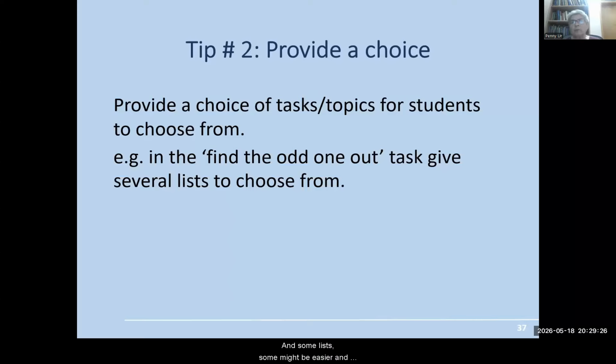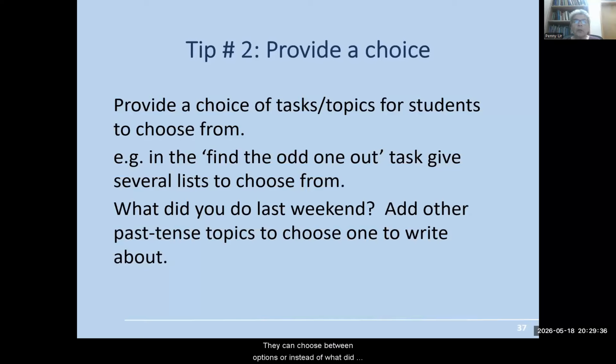And some lists, some might be easier and some might be slightly more difficult. So they can choose between options. Or instead of what you did last weekend, some of the other suggestions which some of you have suggested, which could vary this one. So they have different things to choose from.